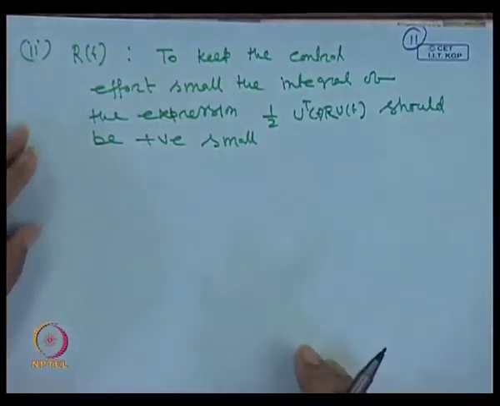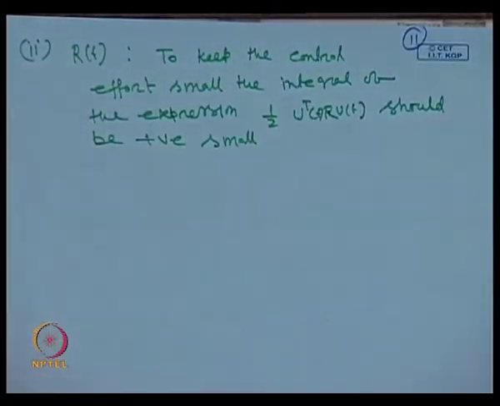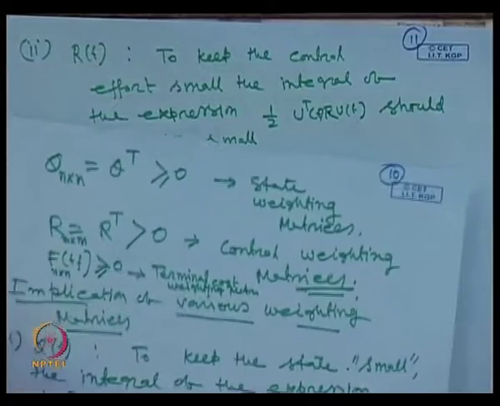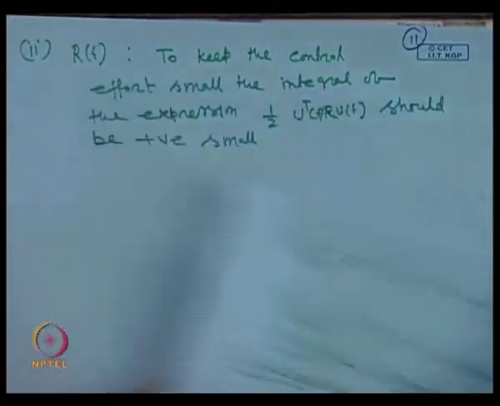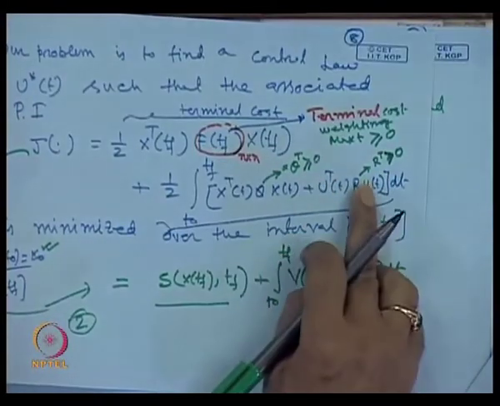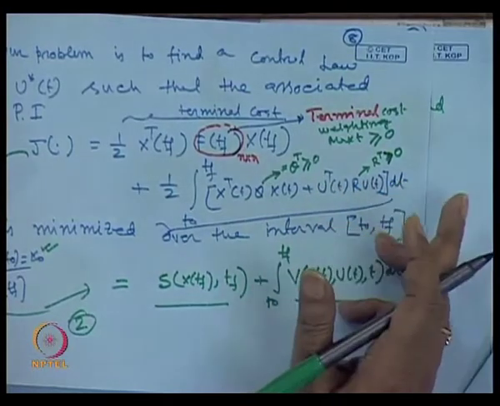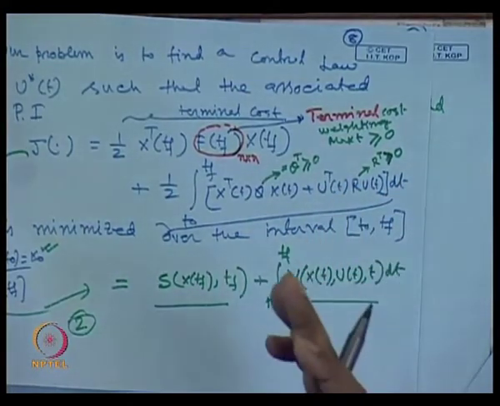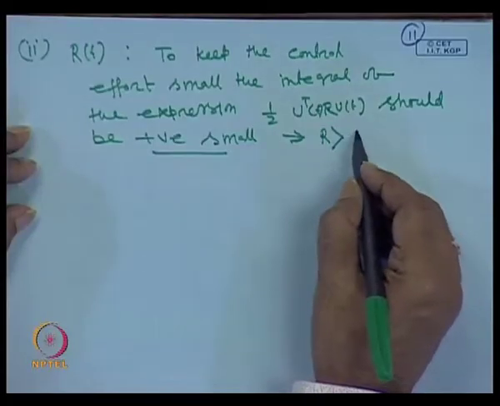Why positive small? If u transpose u t is 0, then we are not applying any control effort to the system, so it will not be able to control the state. So, this should be positive definite. This implies that R should be greater than 0.